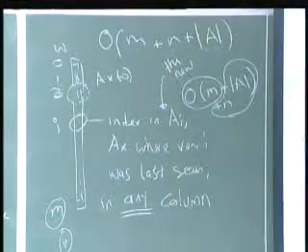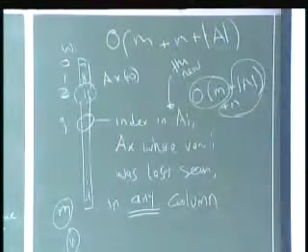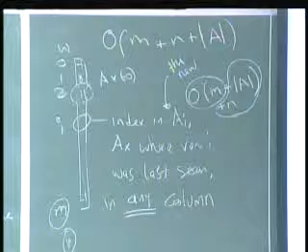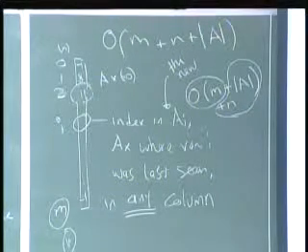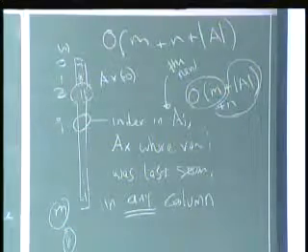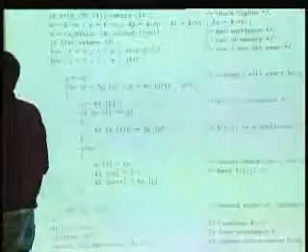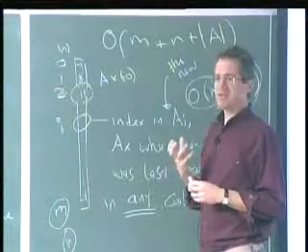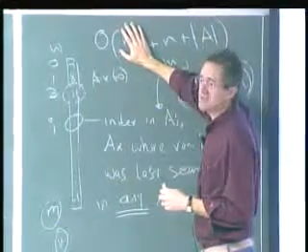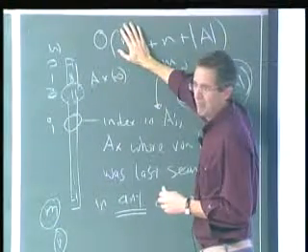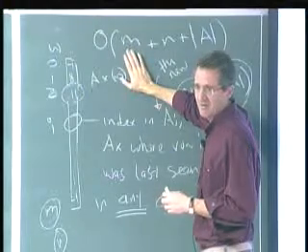So the time and space complexity are the same, and it's essentially linear time. In other words, it's linear in the size of the problem, sort of. But I'm really lying when I say that. Because if I were to say it's strictly linear in the size of the representation of the problem, I would have to say it's n plus a. But it's not. It's got this extra piece in there.